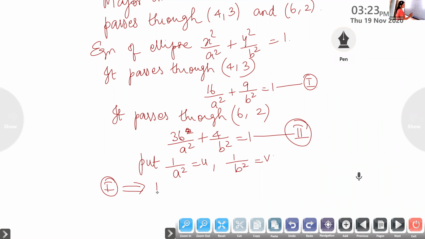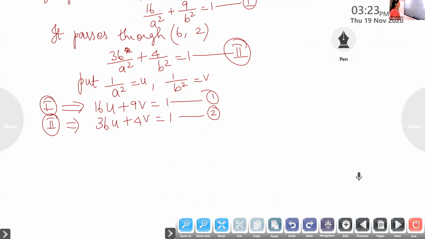Similarly, equation 2 becomes 36u plus 4v is equal to 1. I name these as number 1 and number 2. We can use the elimination method, solve this and find out what u and v are. I am going to eliminate v.